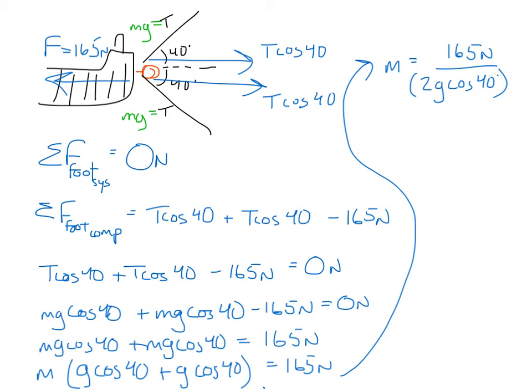So let's just plug and play now. The mass is going to be 165 divided by 2 times g, which is 9.81 meters per second squared, times the cosine of 40 degrees. All that is in the denominator right there. And the required mass for all that, I calculate to be 10.9.